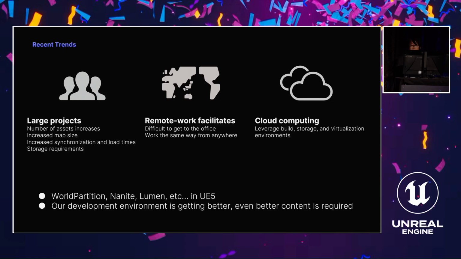Then, after the pandemic, the way we work has also changed. With the promotion of remote work, being able to work from anywhere has become the norm. Related to this, the shift to cloud computing for online-related services and development environment has also progressed significantly.